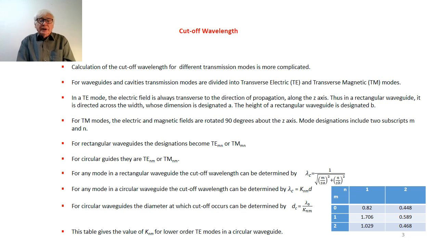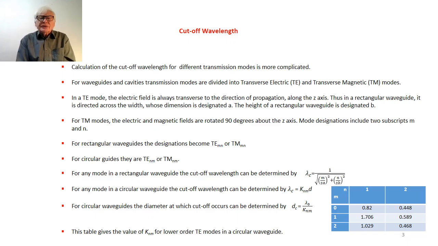For a circular waveguide, the determination of the cutoff wavelength is slightly easier in that lambda c is equal to k_nm times d, and k_nm is given by the table shown below, where k_nm is defined for the lower orders of m and n, where n equals 1 or 2 and m is equal to 0, 1 or 2.